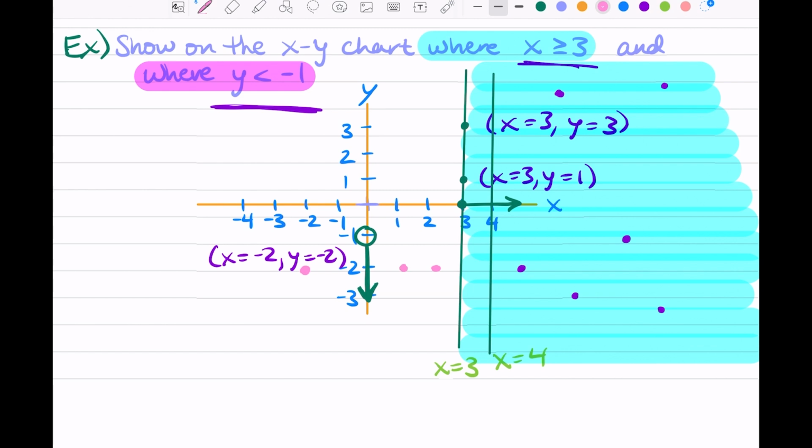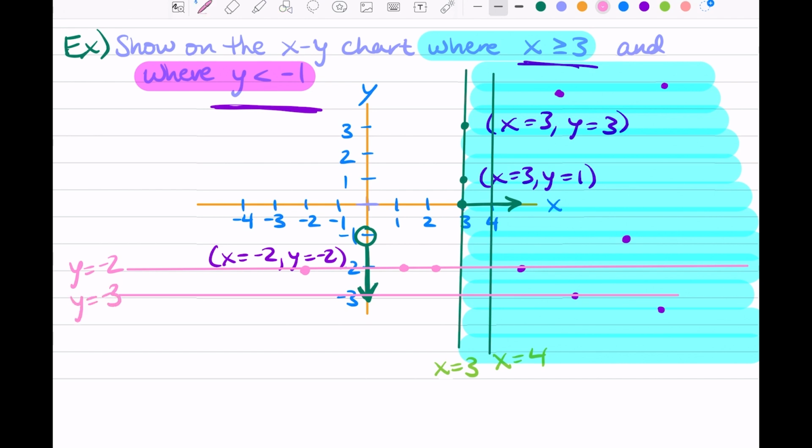as somewhere where y equals -2, and you can draw the line. That is where y equals -2, and you could do that again with y equals -3. So any point on these lines is where y is less than -1.